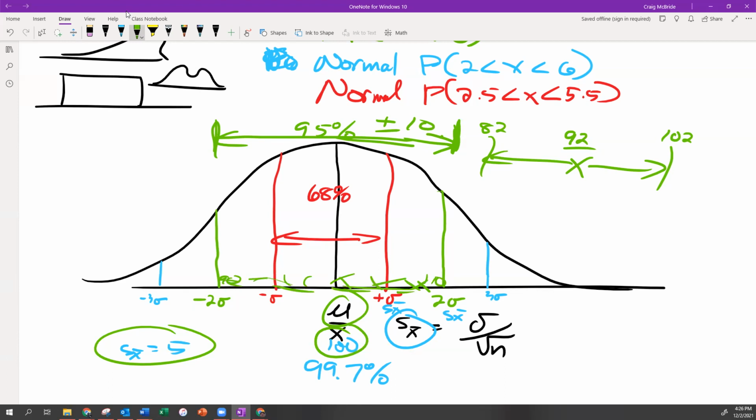So confidence intervals come from this idea of the normal curve and knowing how area works under the normal curve. And so do hypothesis tests. Hypothesis tests come from the same idea, because the whole idea is this is what we assume to be true.